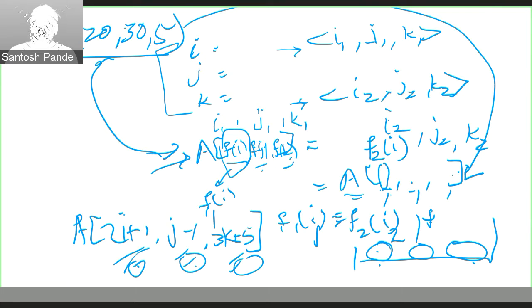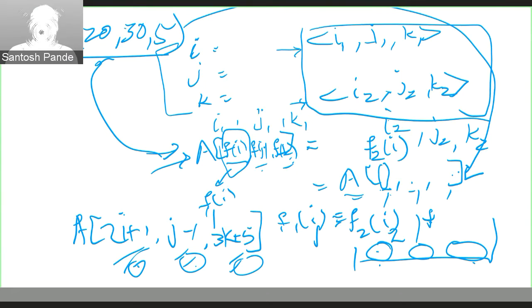So you can see here that we will have I, J, K values present in terms of these vectors. We have found the dependence and we have these values.